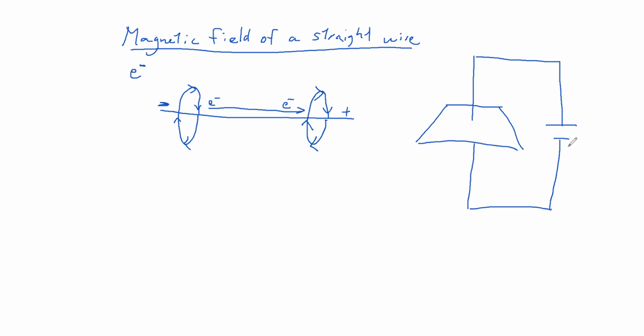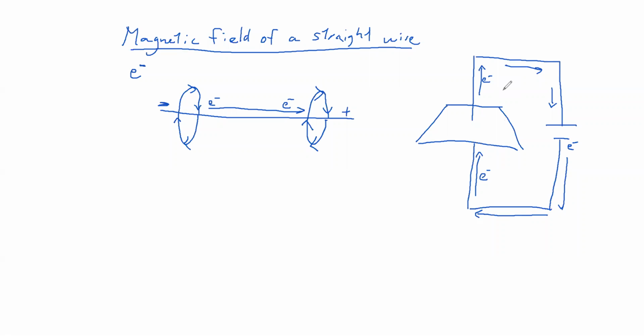Now remember, the short end of the power supply means that it's negative. So the electrons start there, and they're going to essentially move around this circuit, following a direction like this. So the electrons are moving around in this direction.